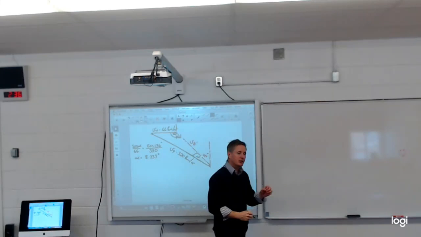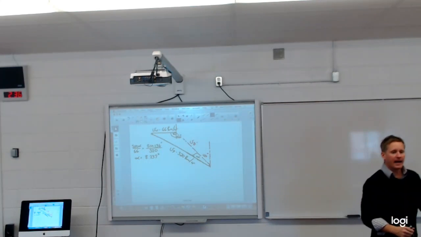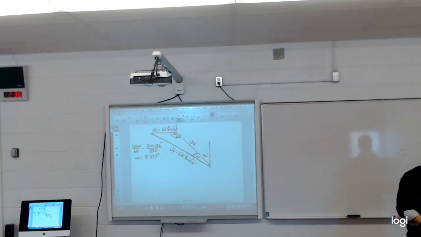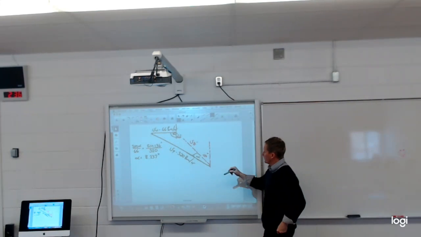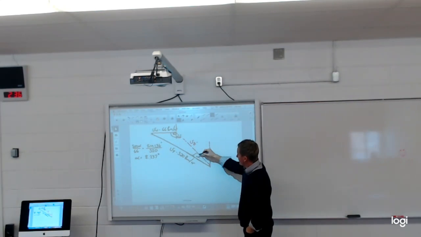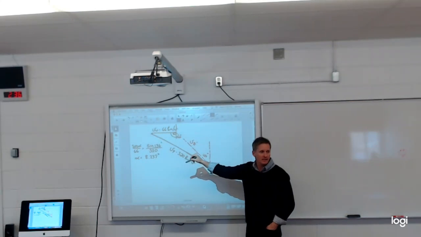So the question says, at what heading, meaning direction? So what heading do I have to go? You have to give me an actual direction. Clearly, I see that it's 46 if I go north and then somewhat west, it's 46 west.